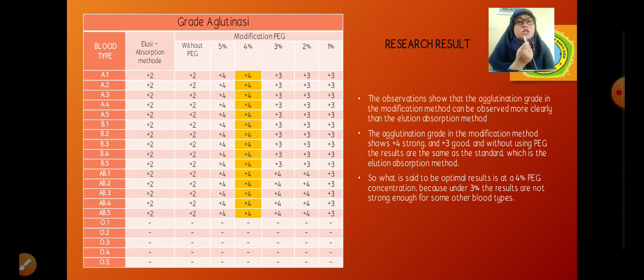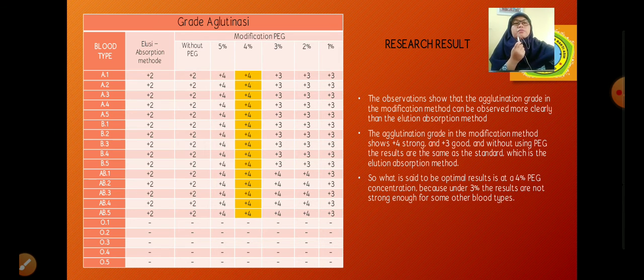The agglutination grade in the modification method shows positive 4 strong and positive 3 good, and without using PEG the results are the same as the standard, which is the elution absorption method. So the optimal result is at 4% PEG concentration, because under 3% the results are not strong enough for some other blood types.